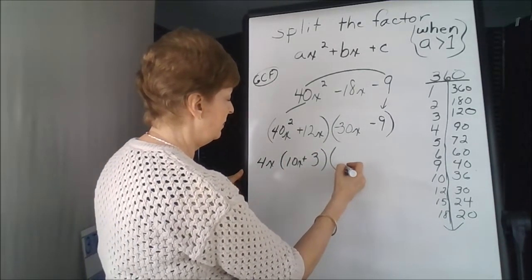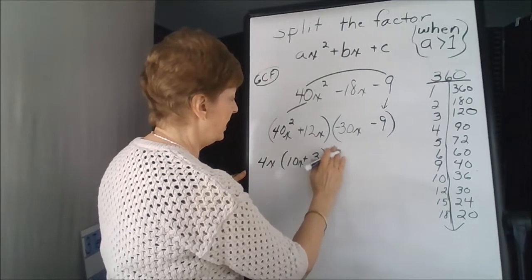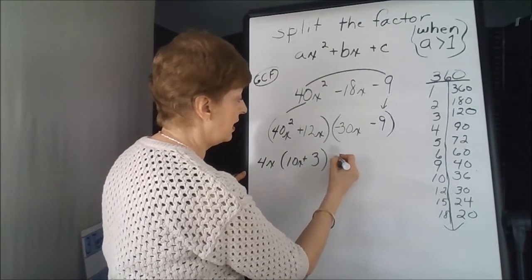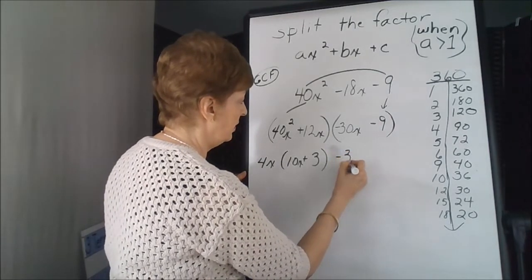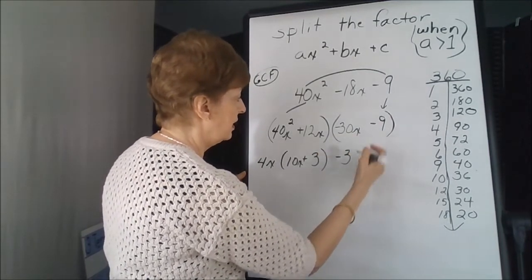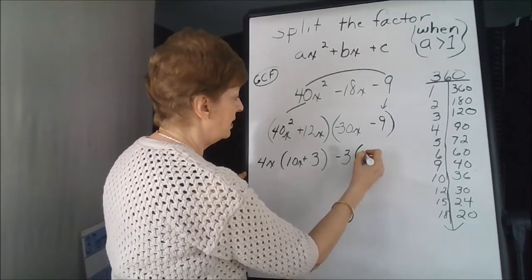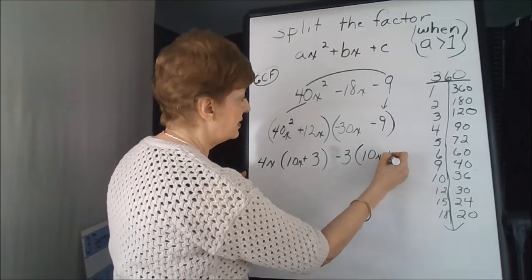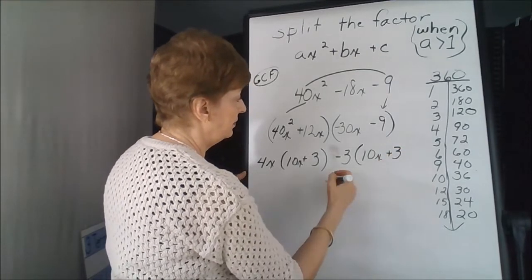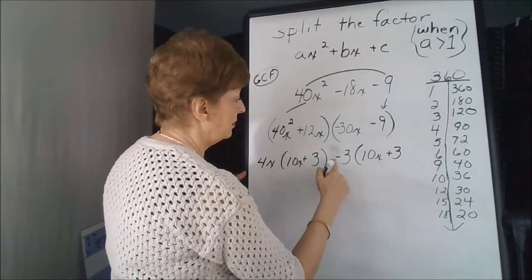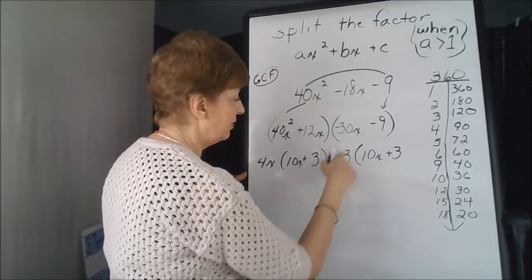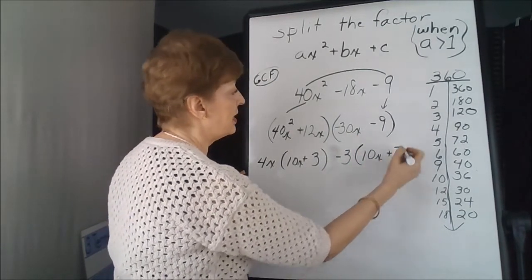And on this one, we could take out a 3. From here, we could take out negative 3, because both of those are negatives. Negative 3, and that would be 10x plus 3. Because negative 3 goes into negative 9 3 times.